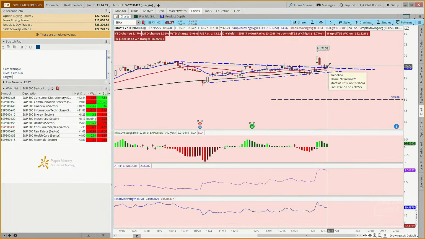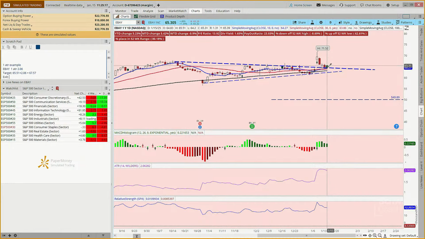And we're going to look at today's high. That is 65.51 plus 2.06. So that's going to be 67.57. Feel free to double check my math.